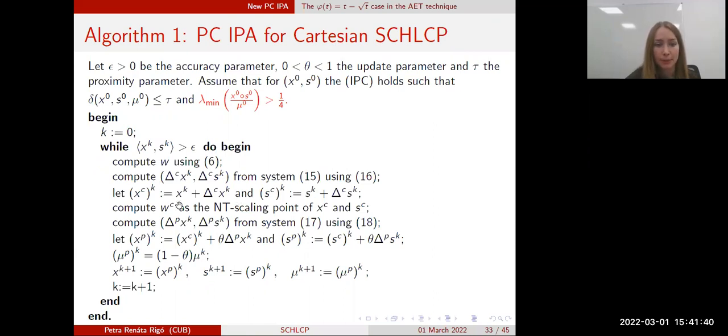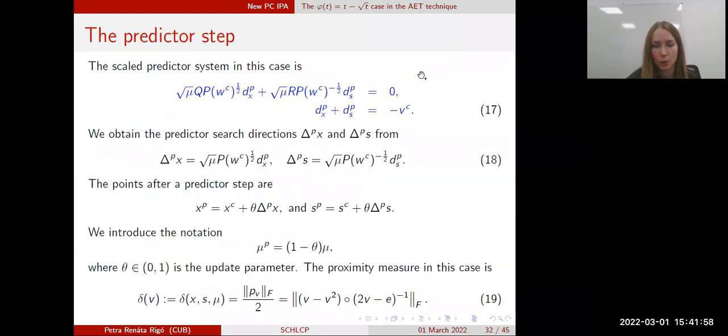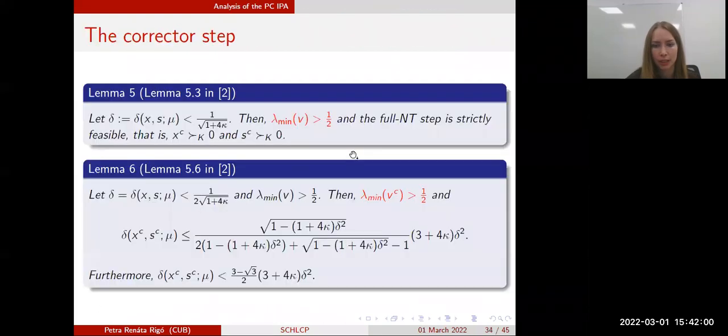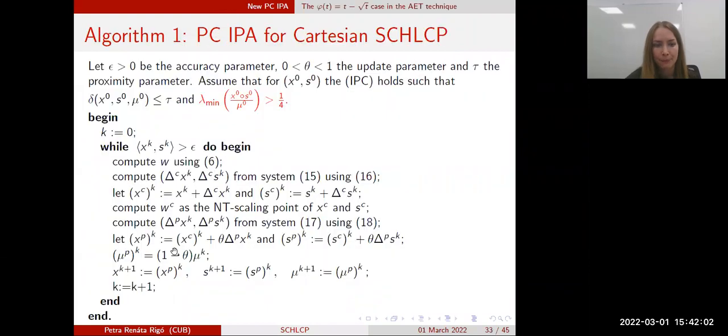We compute the corresponding scaling point of xc and sc because we will use them to get the predictor search directions. After that, we calculate this delta p x and delta p s from these two systems, which I've already shown, and from the scaling notations. And we repeat this until this becomes less than epsilon. So this is the sketch of the algorithm.